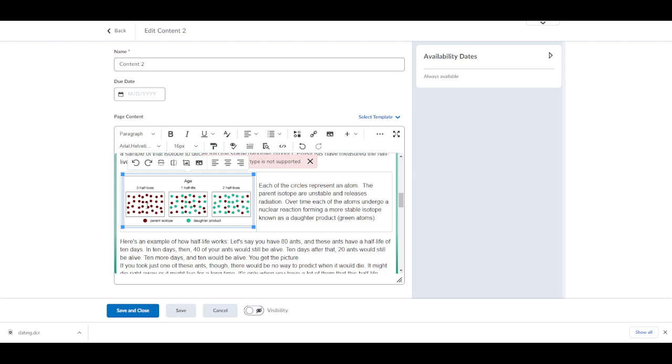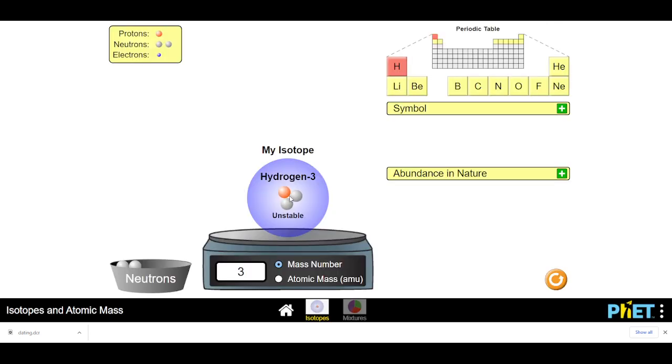It releases. It's radioactive. We can pick that up and measure that, and then it'll become a more stable isotope, which is called the daughter product. So here we have an unstable hydrogen 3, and we could measure this radioactivity from hydrogen 3.